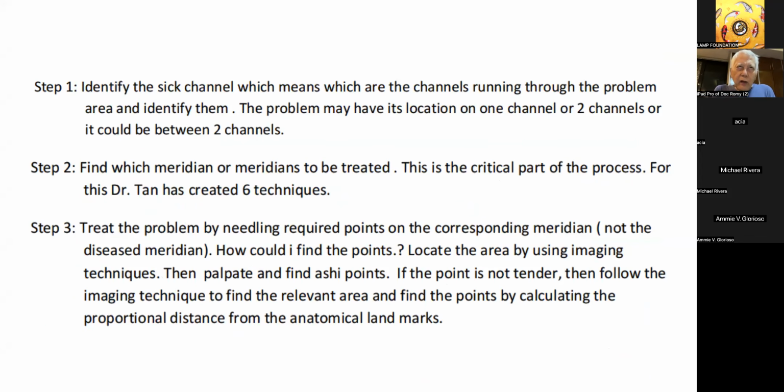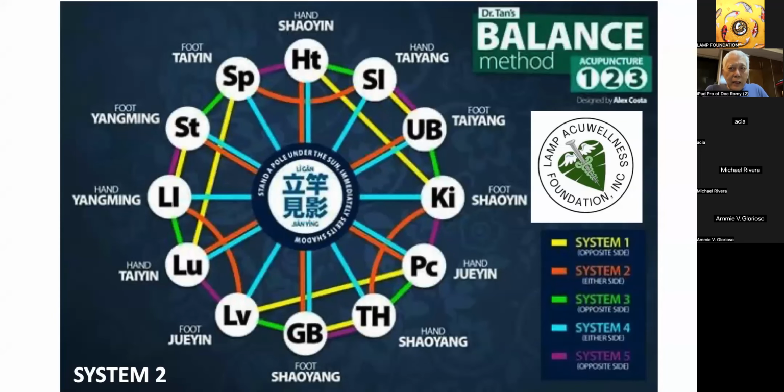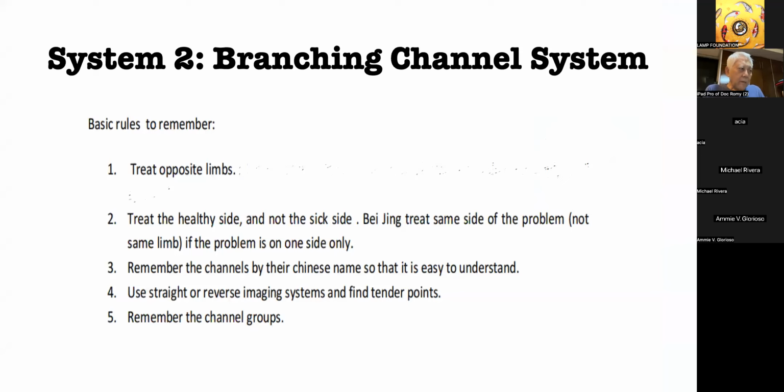And this you can only know if you know the system. Today, we're on system 2. By the way, system 1 will use contralateral needling. Meaning, you needle the foot for the hand, and vice versa. But in system 2, it can be left and right, or right and right, left and left.